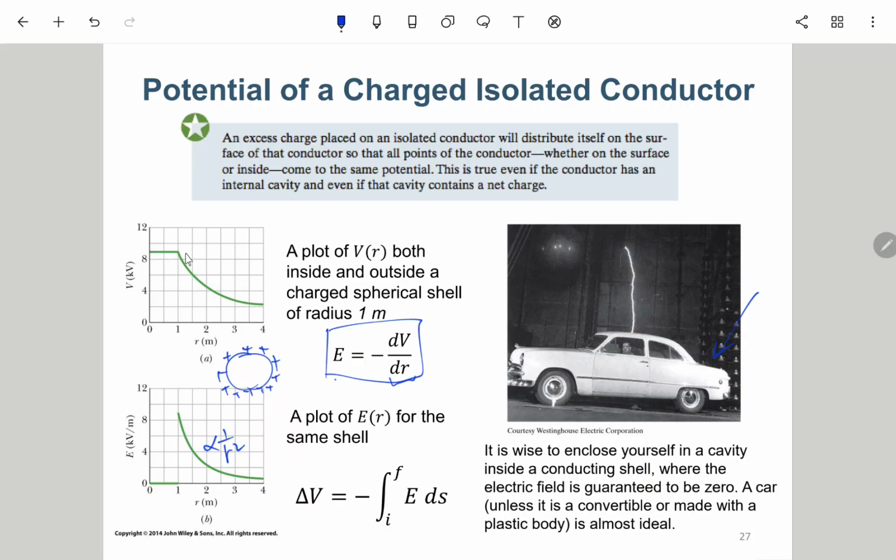It is flat, and outside the sphere the potential is proportional to 1 over R. If we take the derivative of 1 over R we get 1 over R square. Of course we have a negative sign, but we have another negative sign, so it becomes positive. Here it is a constant, and here it is finite, so it should be continuous.